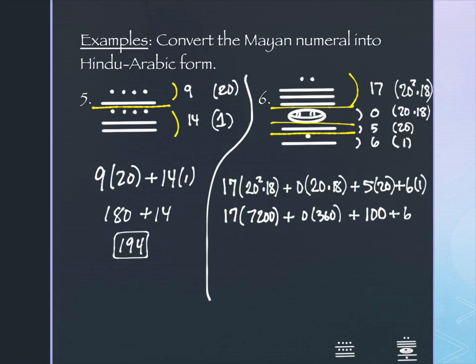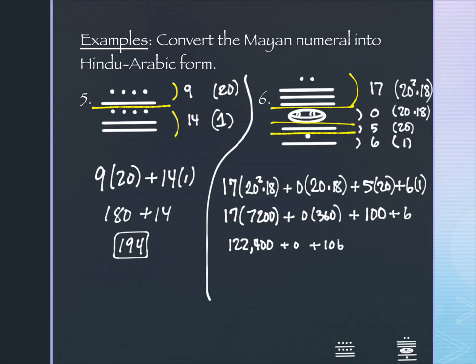All right. So we're going to multiply 17 times 7,200. What does that give us? I don't have this written down at all. Somebody's got to help me. 122,400. Does that look okay? All right. Next one's 0, and then I have 106.